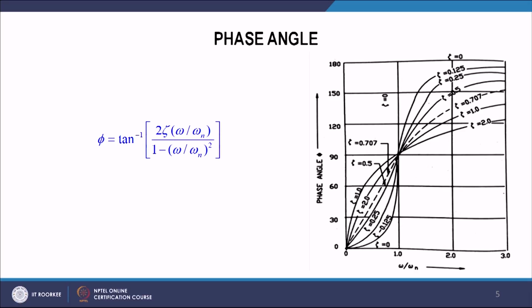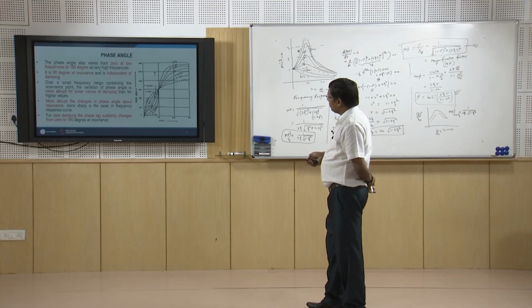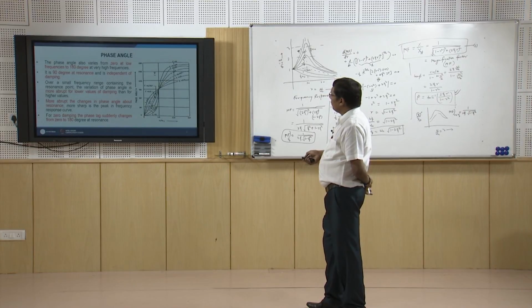What we can see is that phase angle is about 0 at low frequency, low r. So it starts from 0 when r equal to 0, and it is increasing and going towards 180 degree when we are changing the r.